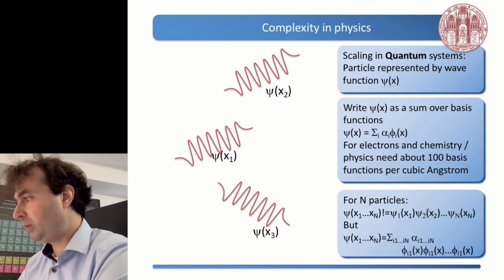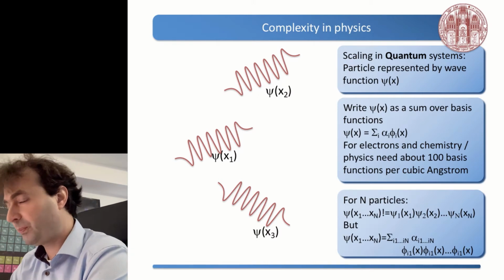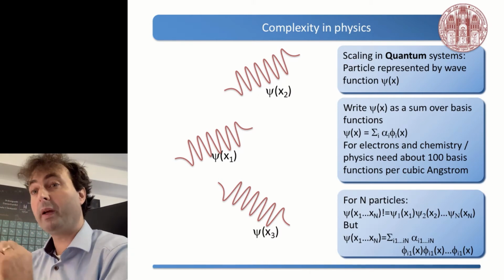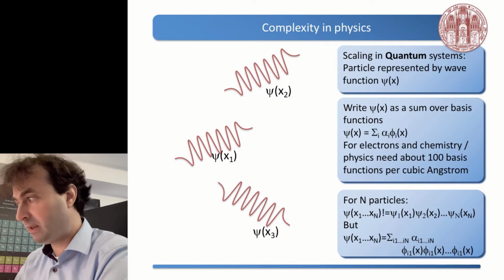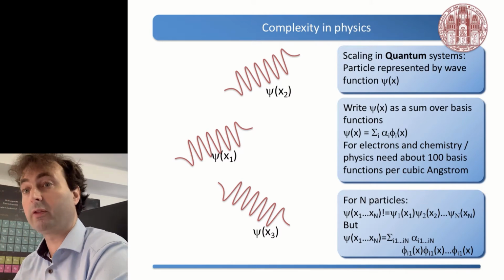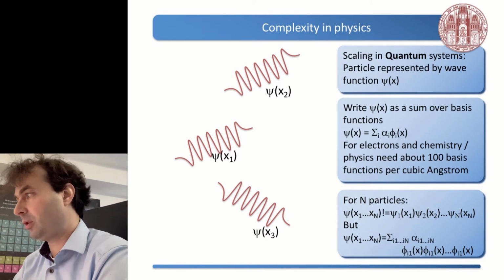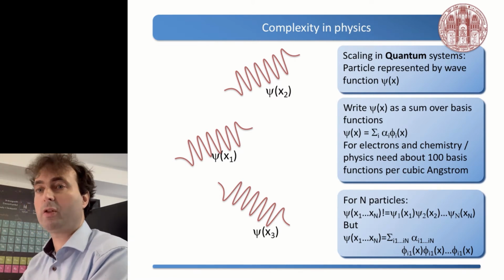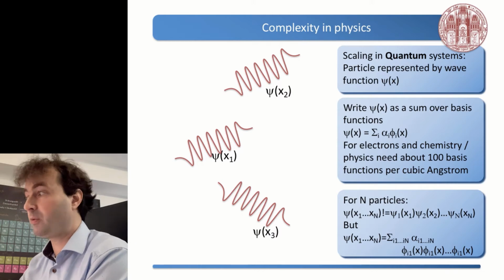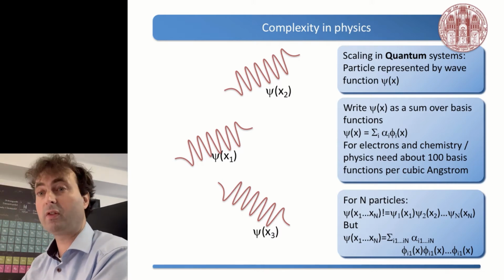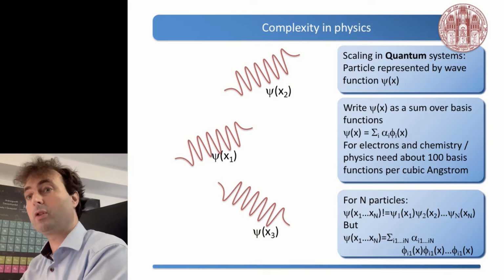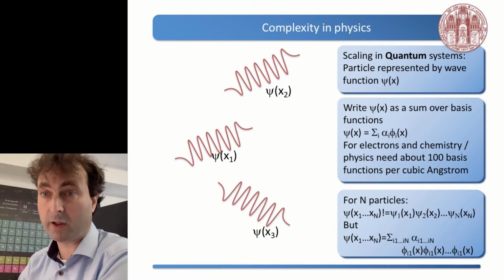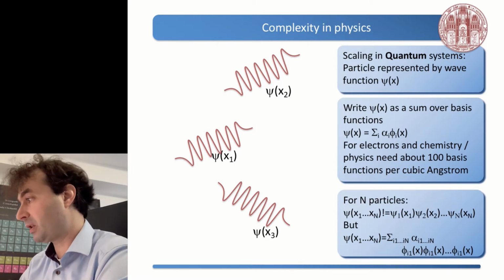What we have to do here is write our wave function as a product of all basis functions and then make linear superpositions of all those different products. So one particle in basis function 1 times second particle in basis function 1, or second particle in basis function 2, second particle in basis function 3, and then the first particle in basis function 2, etc. And for each particle I have 100 different basis functions.